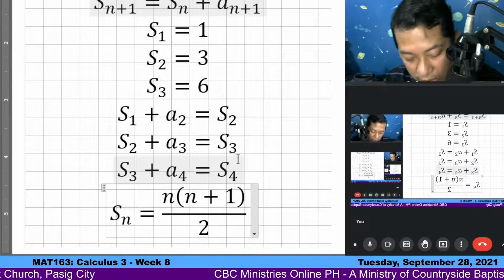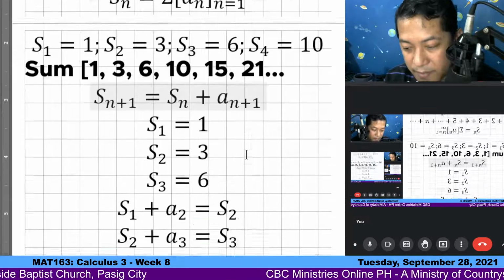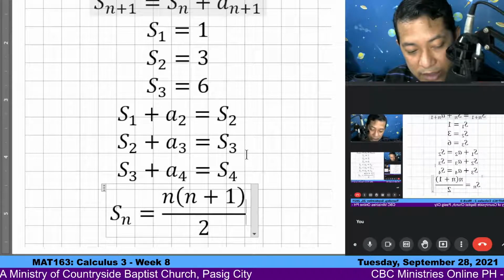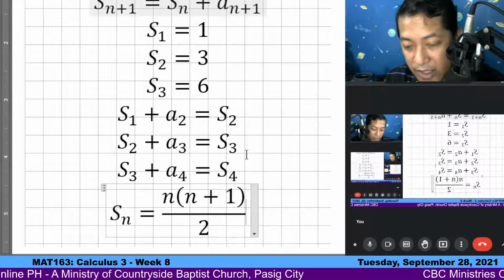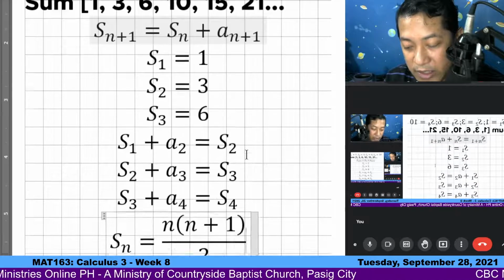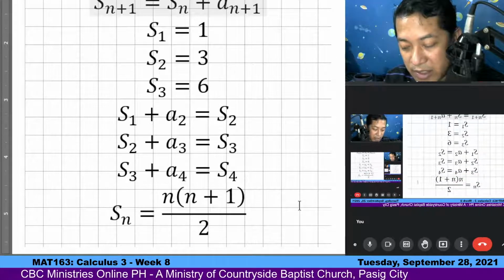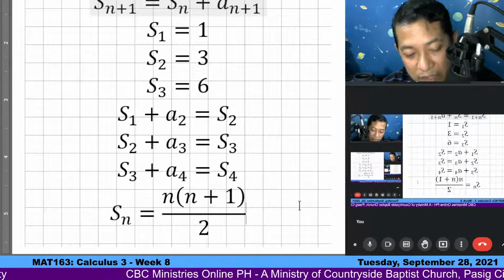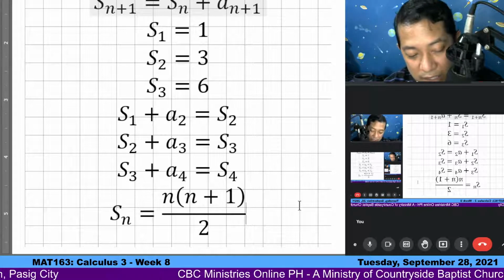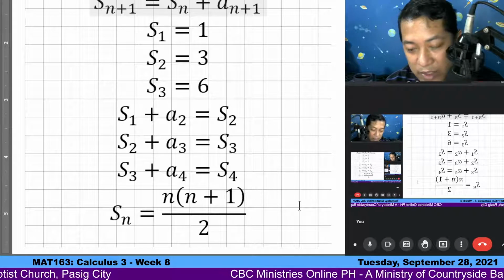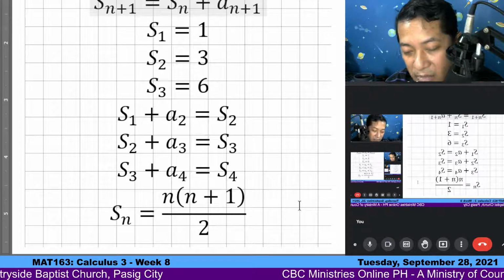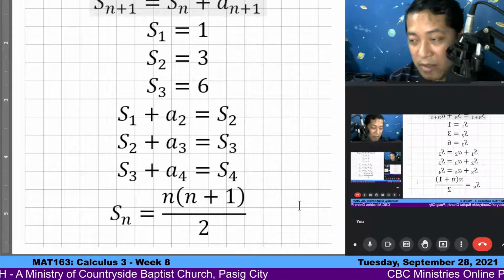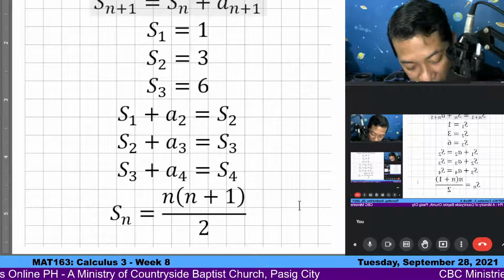So that's the sum that we will have here, and this will become very large as the n value increases, so meaning there is no limit. This is an infinite series, I would say, in terms of its sum. Since the sequence is infinite, it follows that the series is also infinite, no? Yun po yung makikita natin dyan.